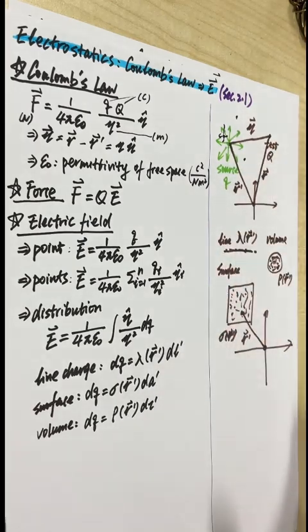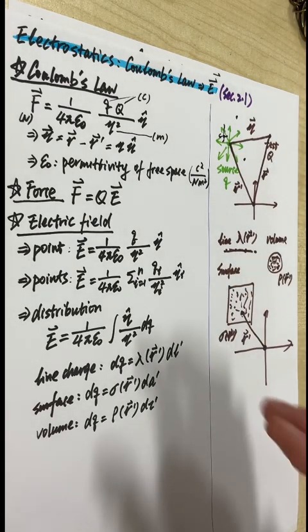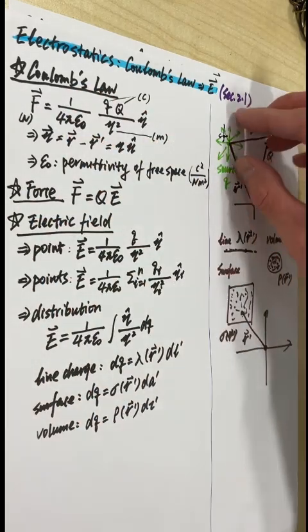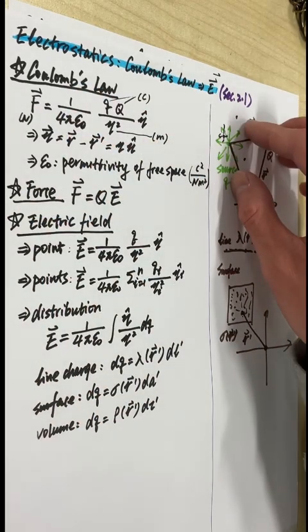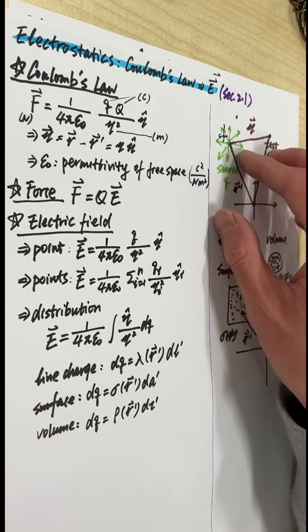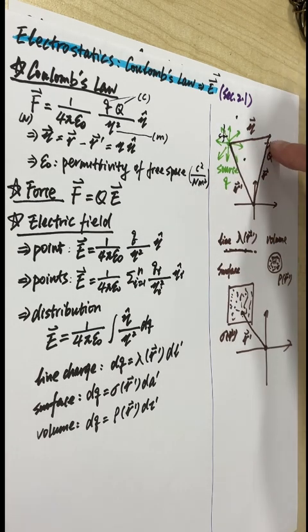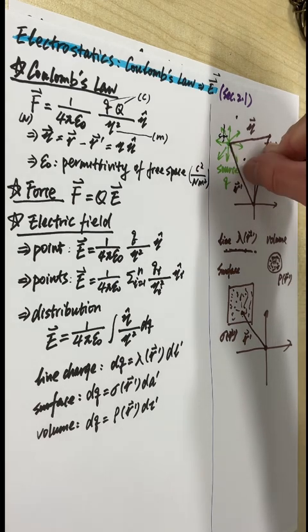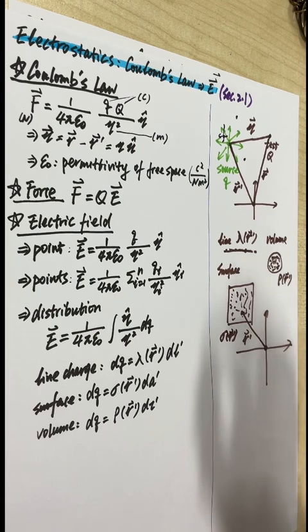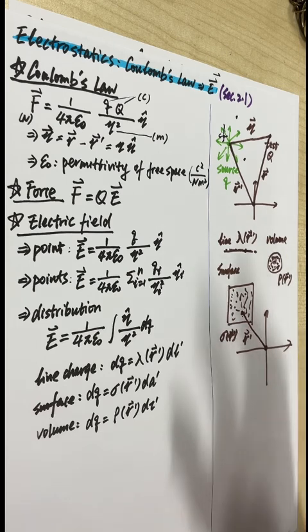So in Maxwell's time, Maxwell concluded based on Coulomb's law that there is a material that filled the space called ether, that's jelly-like. It can convey the force, so that the test charge can feel the force from the source charge. However, Einstein proved that ether doesn't exist.